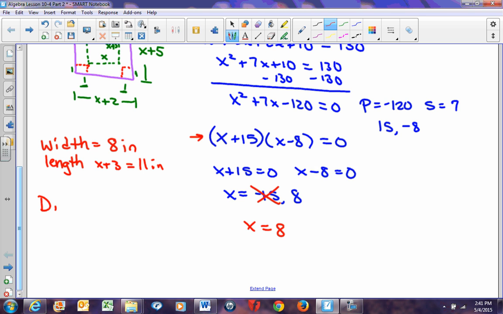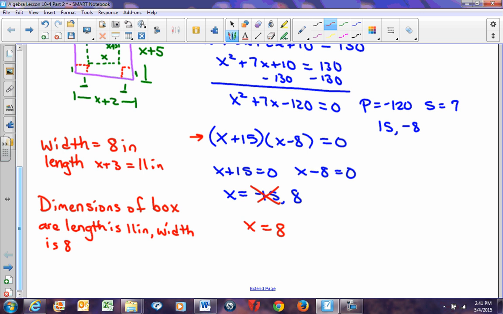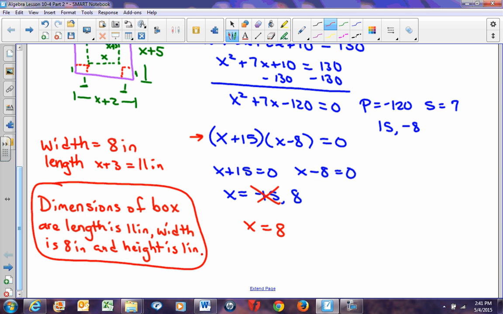The length is 11 inches, width is 8 inches, and height, a little depth if you like that, is 1 inch. And those are the 3 dimensions of our box. I wish the picture helped an awful lot on this particular problem.